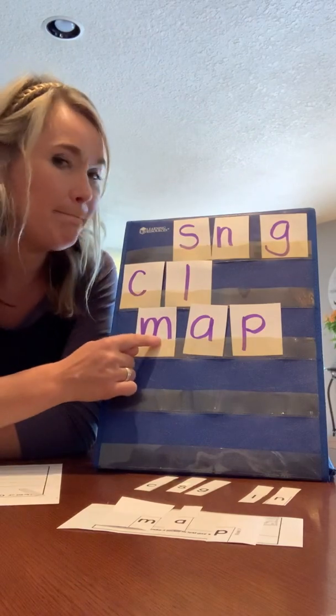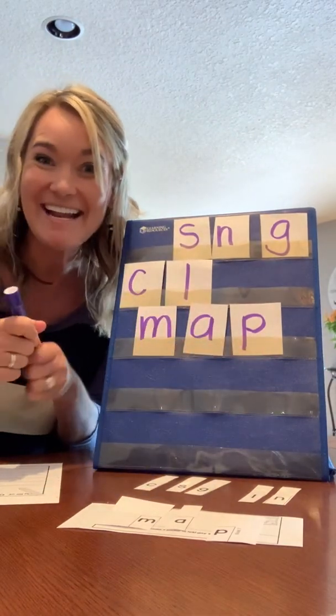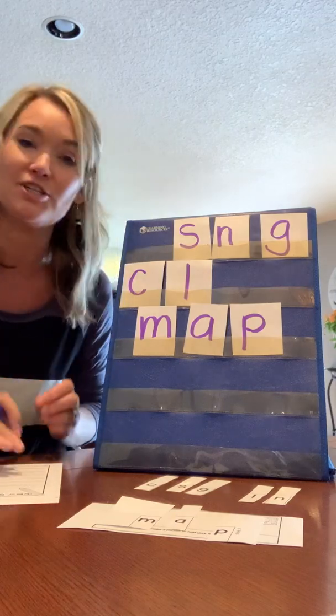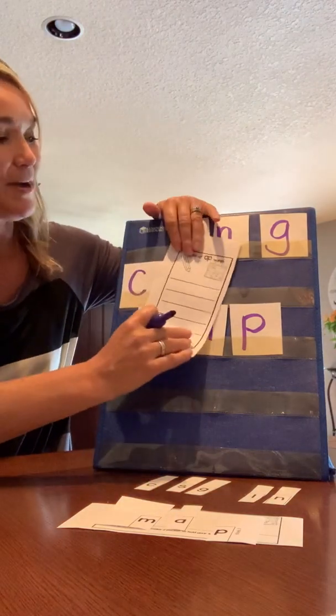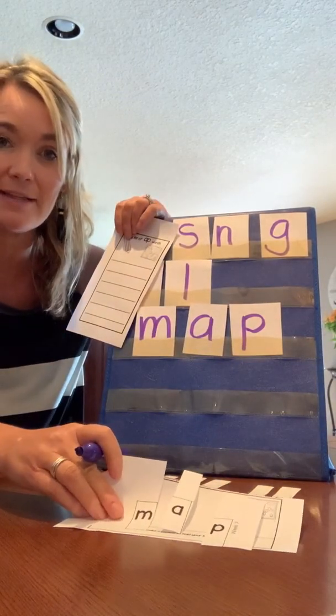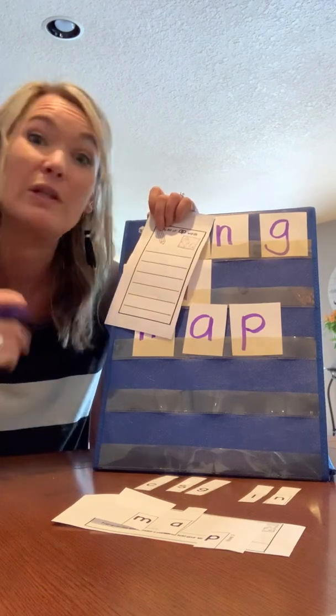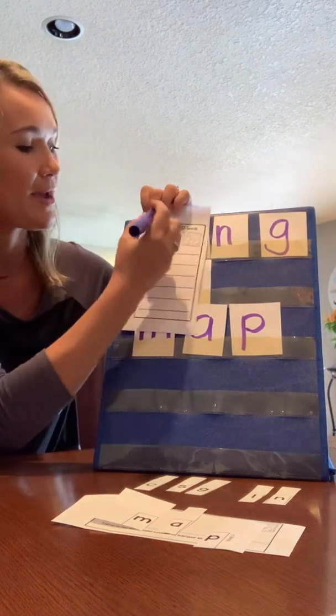Get ready. Map. All right. Now let's take our recording sheet and record that word. So check that you're spelling it correctly and that you're forming the letters correctly. Notice that these are all lowercase. I want you to use lowercase letters when you're writing these.